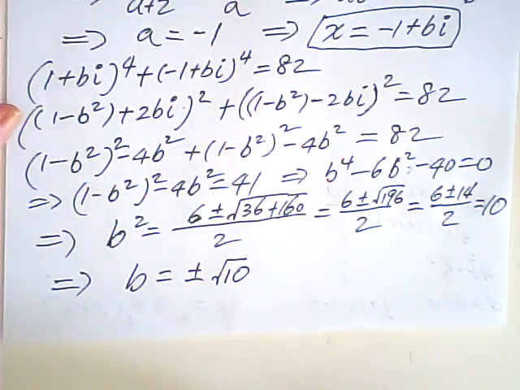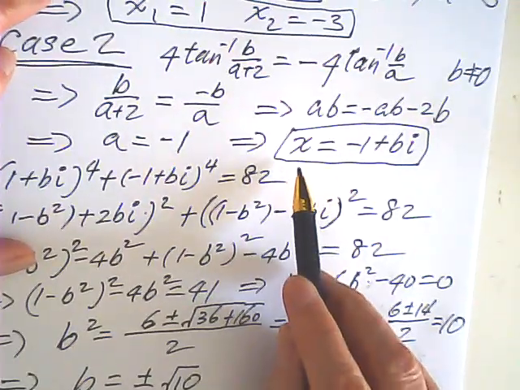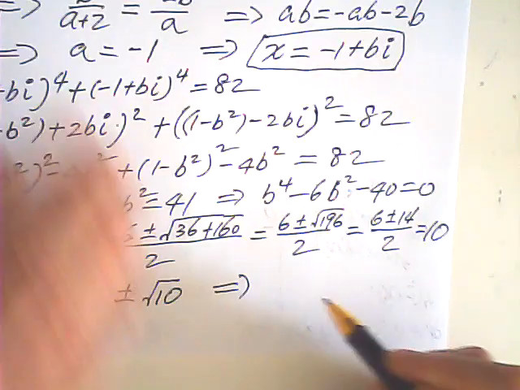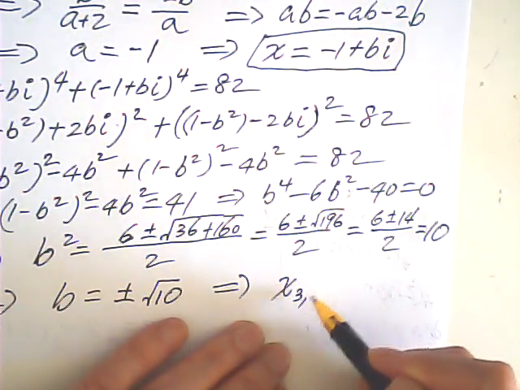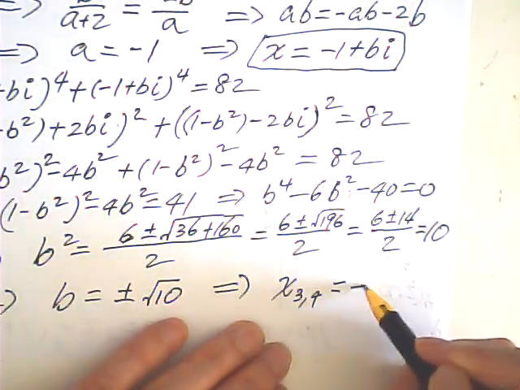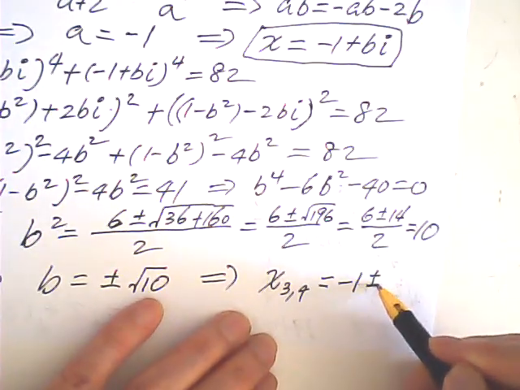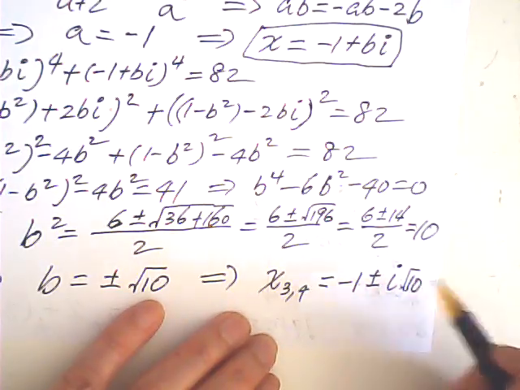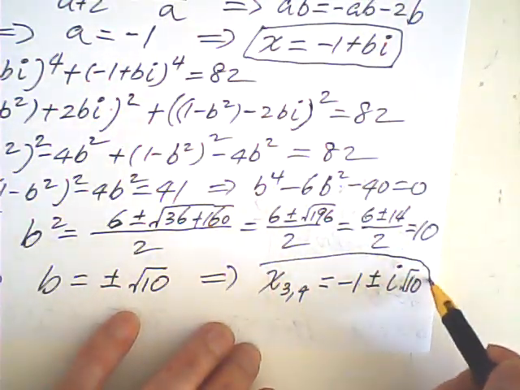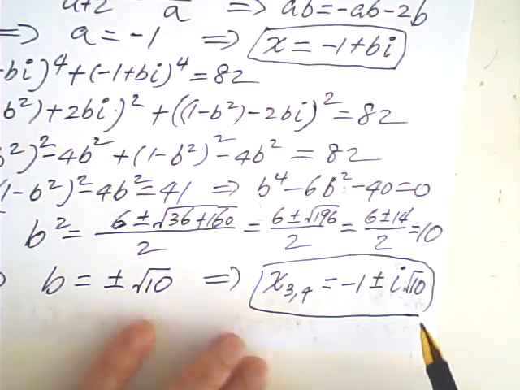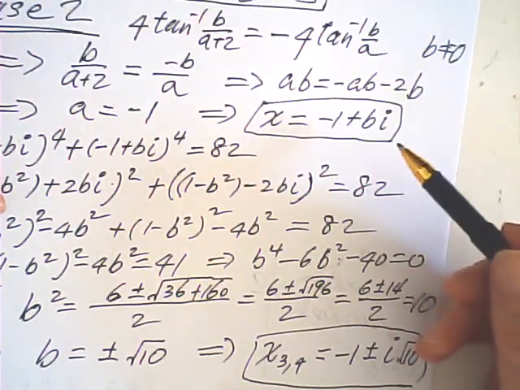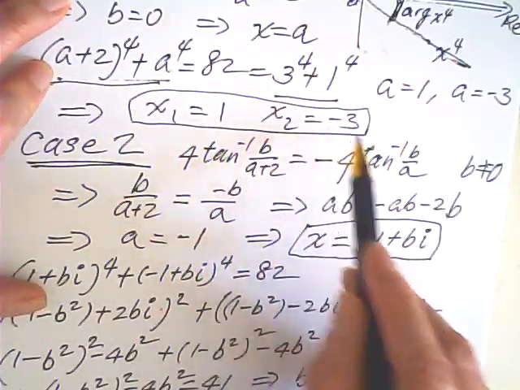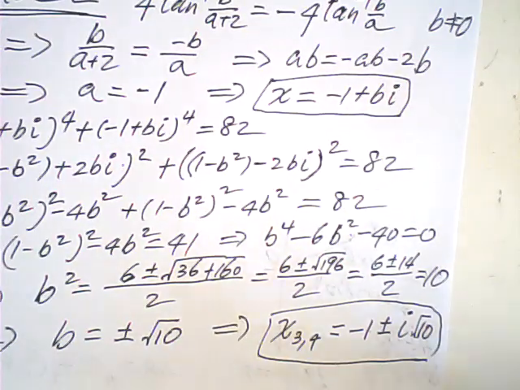Since x is equal to minus 1 plus bi, x3 and x4 are negative 1 plus or minus root 10 i. Those are the other solutions. So x1 is this, x2 is this, x3, x4 is this.